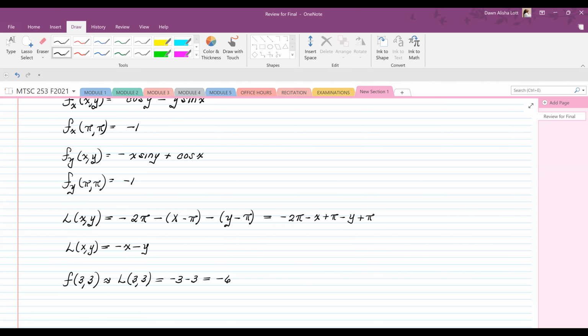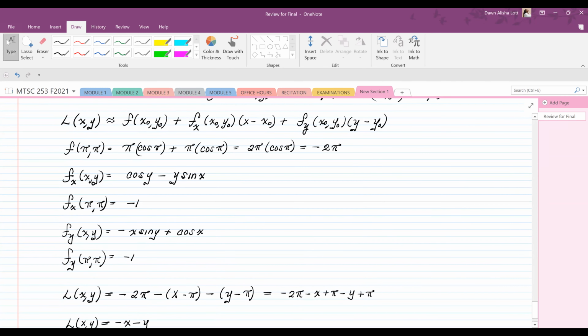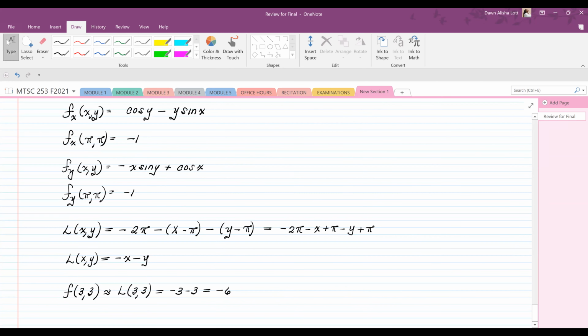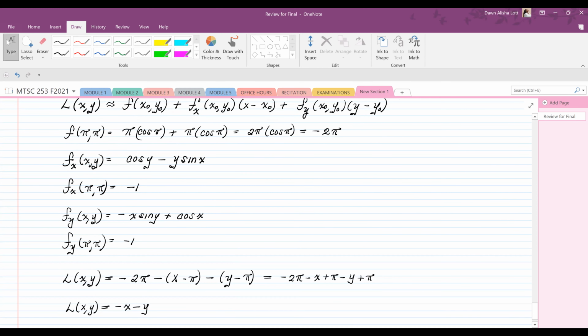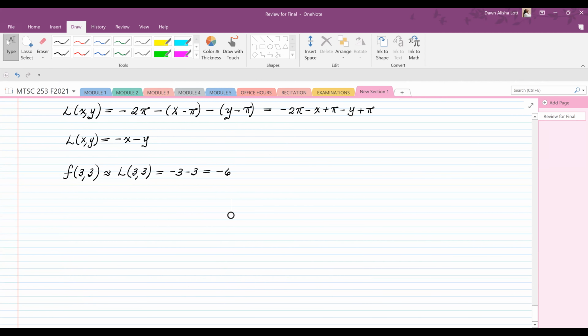It kind of makes sense because it's saying that if I don't know how to find it, at least let me use something close to it. 3 is not very close to pi, but it's not bad. It's 3.1459. So L of pi, pi is -2 times pi, which is -6.30, and this is -6. That's not a bad approximation.